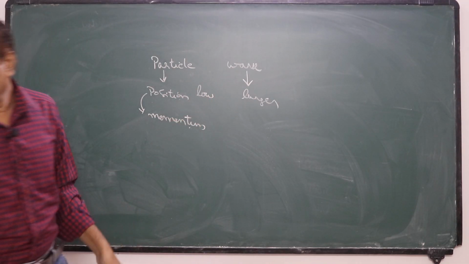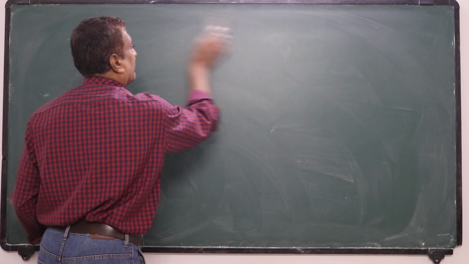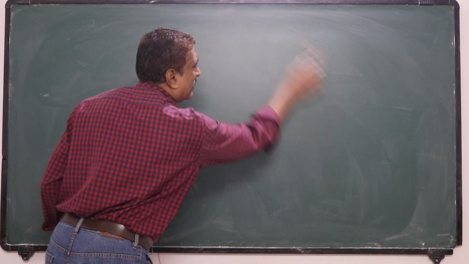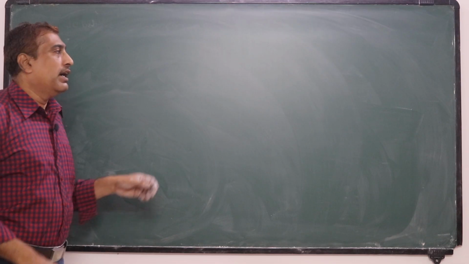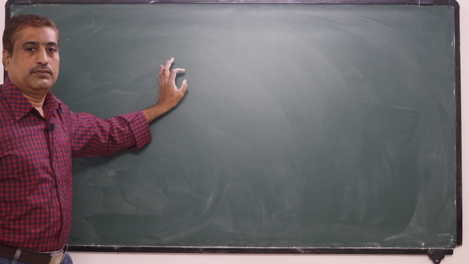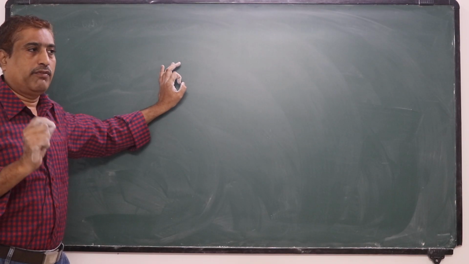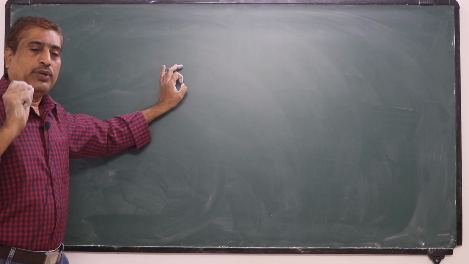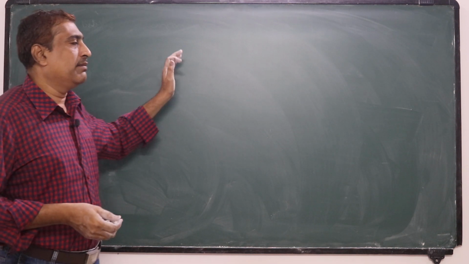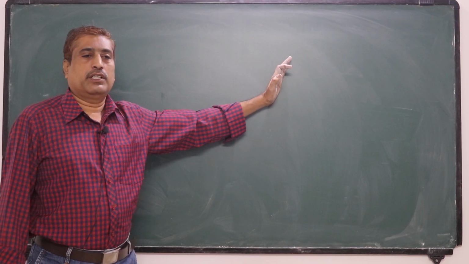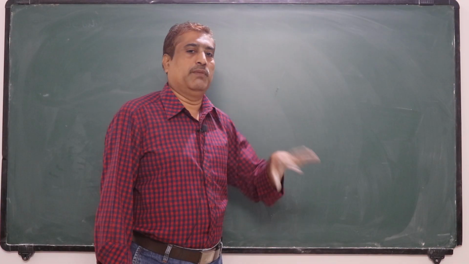So that's why Heisenberg stated that at the same time we cannot find the position and momentum of the particle accurately. That means we cannot determine the position and momentum of a particle to a high degree of accuracy simultaneously.